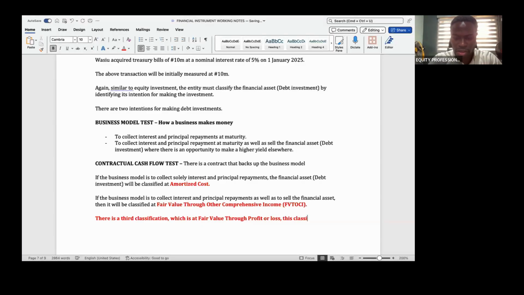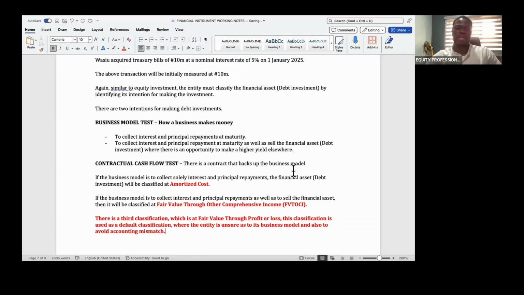This classification is used as a default classification, where the entity is unsure as to its business model, and also to avoid accounting mismatch.